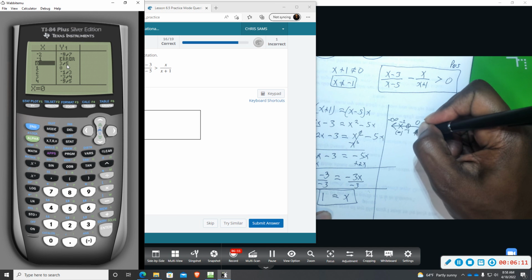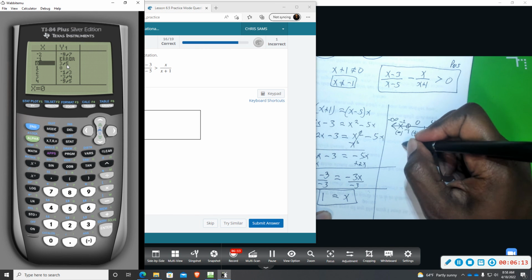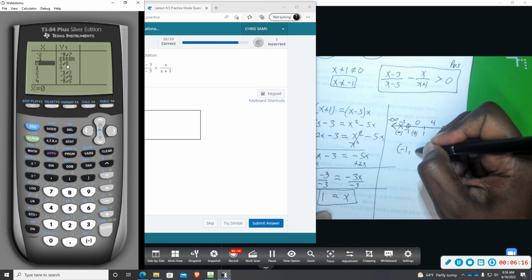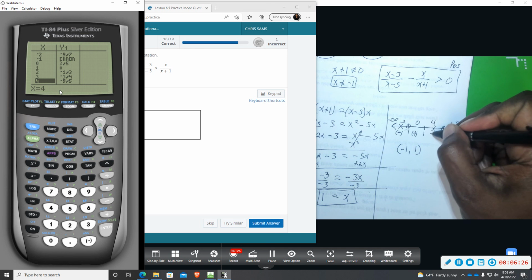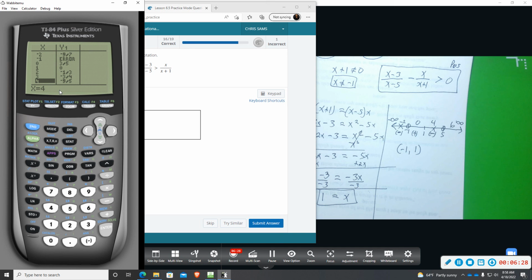So -1 to 1 is part of my solution. Okay, and then we're going to look at 4, which gives me a negative. We don't want the negative part. And then we're going to look at 6. And it comes out a positive value here.